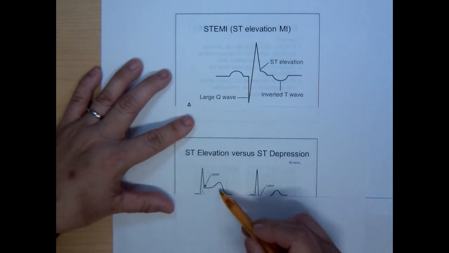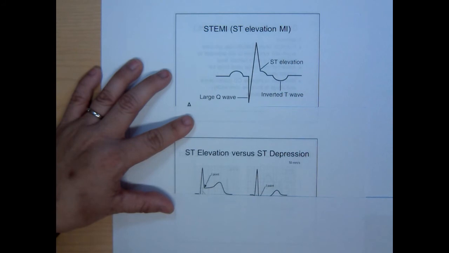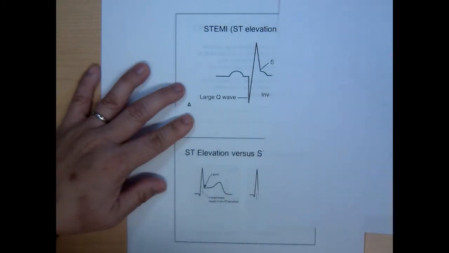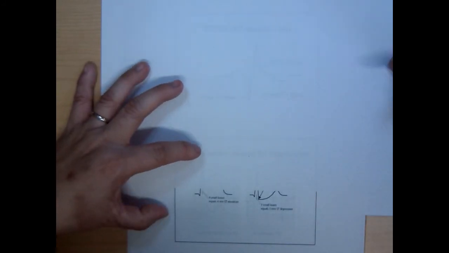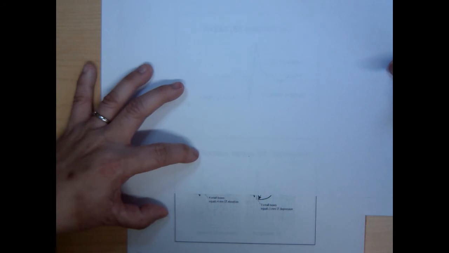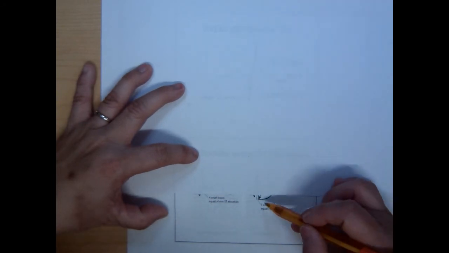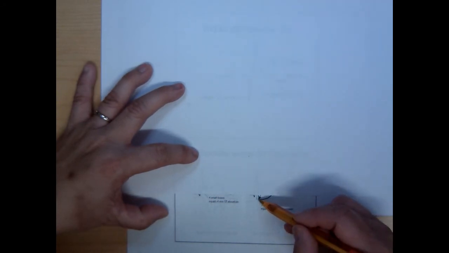So this is telling me somebody is ruling in for a heart attack right here. Now versus here, let's look at the opposite. Here is the imaginary line. Likewise, for this patient who's having ST depression, here's kind of where the end of the QRS is.